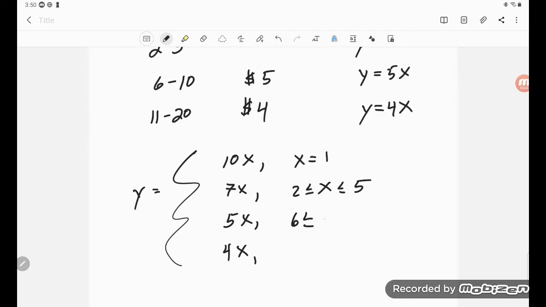From 6 up to 10, I would use 5x. And from 11 to 20, I would use 4x. How much would 21 be? I don't know. It's not in here. So maybe it's undefined or something like that. But there I've just made a model of this bulk pricing.